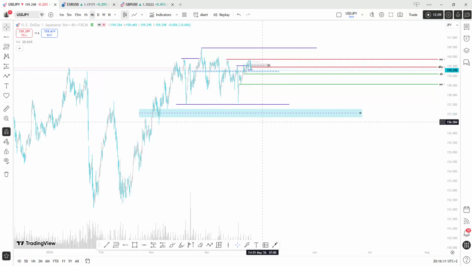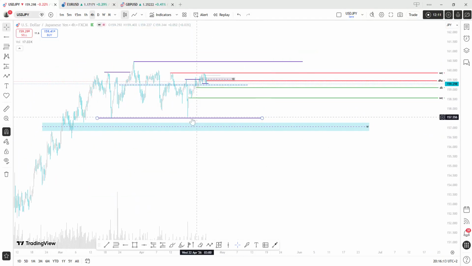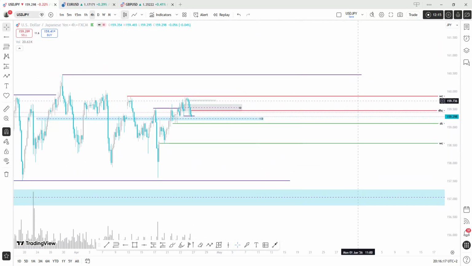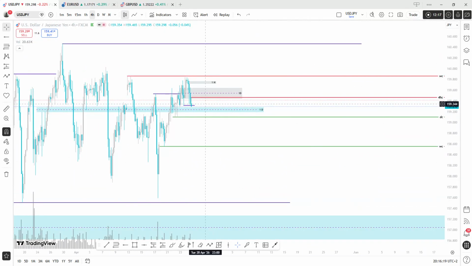But before this imbalance we have to see what the price is going to do right here, because the market is getting very tight, as I said, and I do expect some momentum next week or in the next few weeks.